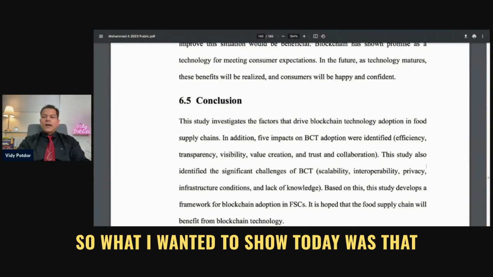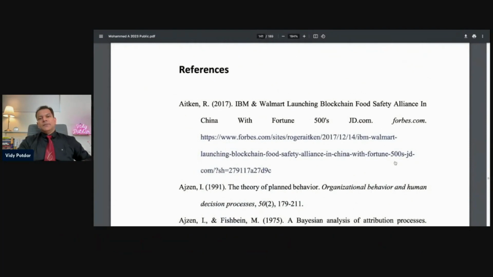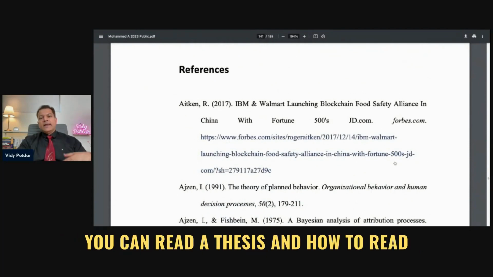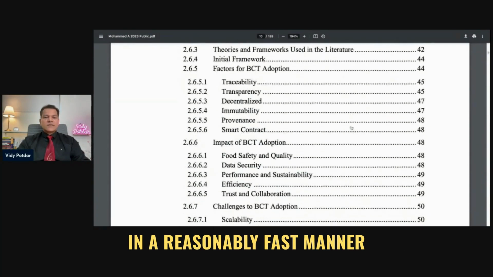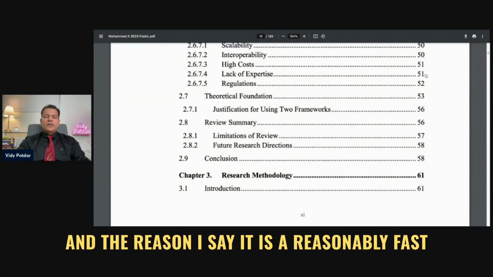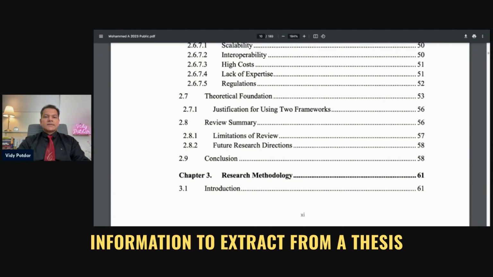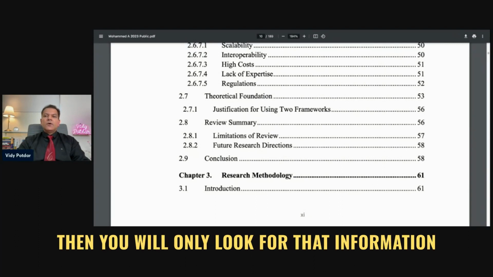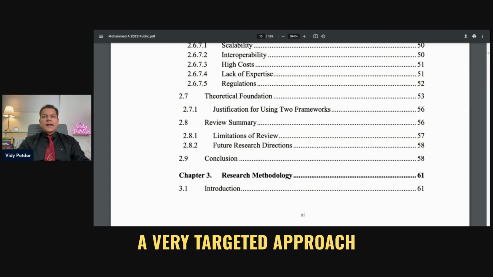So what I wanted to show today was that you can read a thesis, and how to read it in a reasonably fast manner. The reason I say it is a reasonably fast manner is, if you know what information to extract from a thesis, then you will only look for that information specifically, and it will be a very targeted approach.